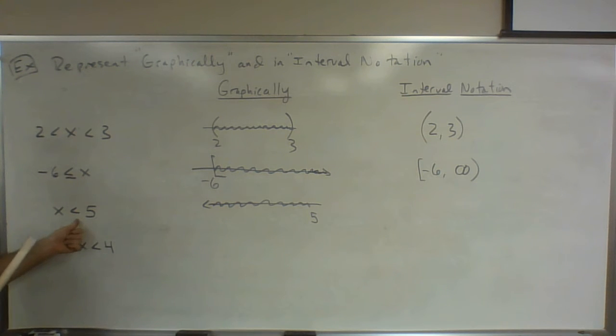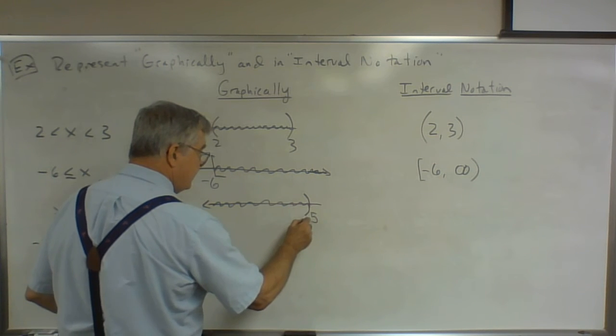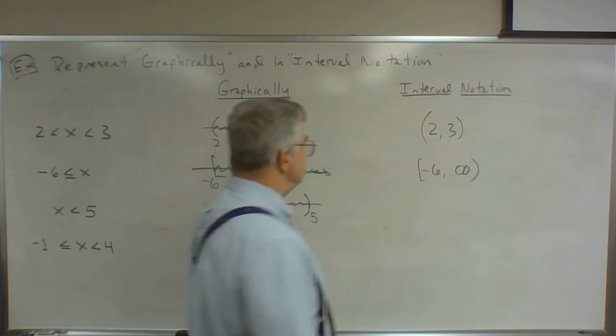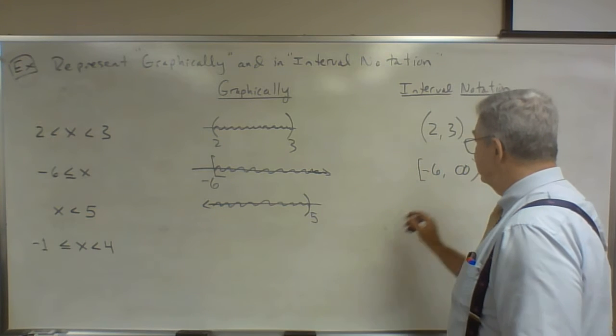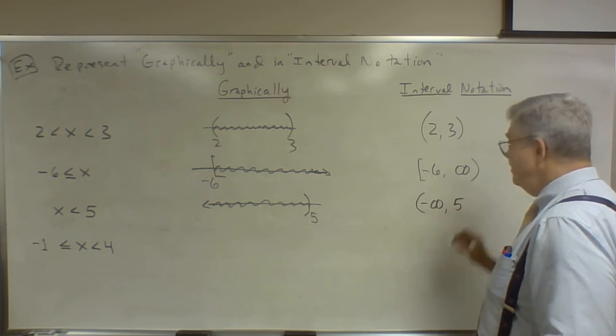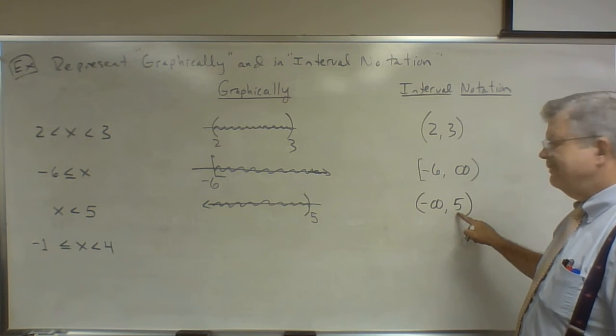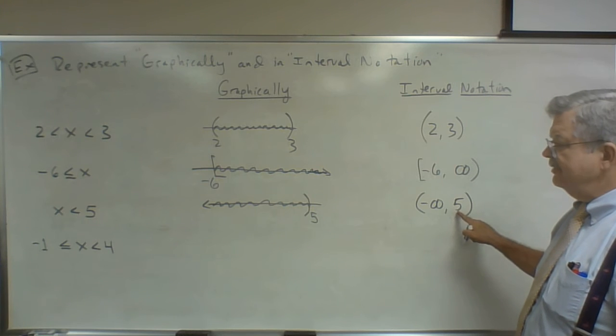And x can't equal 5. This doesn't say that x is equal to 5, does it? So we put a round brace here. And our interval notation mimics the graph. Negative infinity on the left, 5 on the right with a round brace, showing that 5 is not part of the solution set.